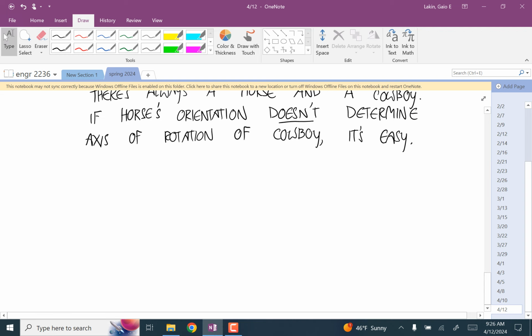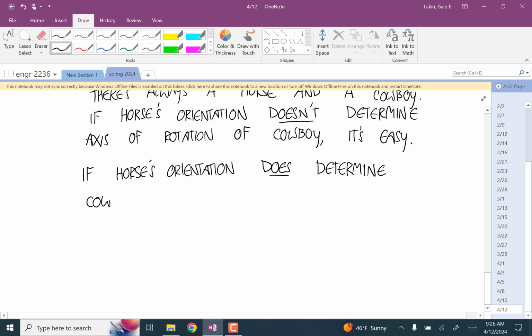If, on the other hand, the horse's orientation does determine the cowboy's axis of rotation, that's when we have to use rotating coordinate systems.